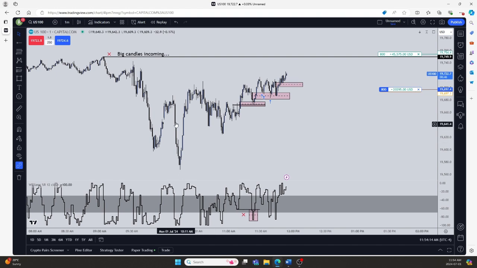Really want to see candles like this. Really want to see speed, displacement. If this trade is going to hit TP, I would like to see it get up there within the next 5 minutes before the hour closes. If price doesn't get up there before the hour close, I think we're going to get stopped out at break even.